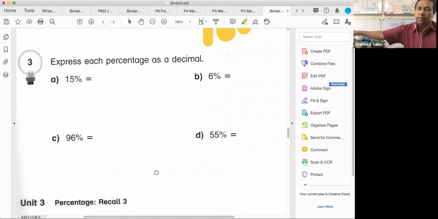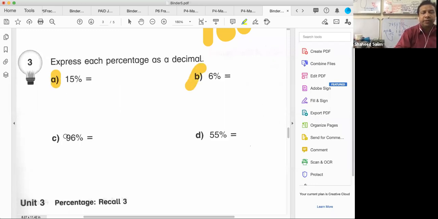Question 3. To do A, B, C, D. Rahim, finish here.